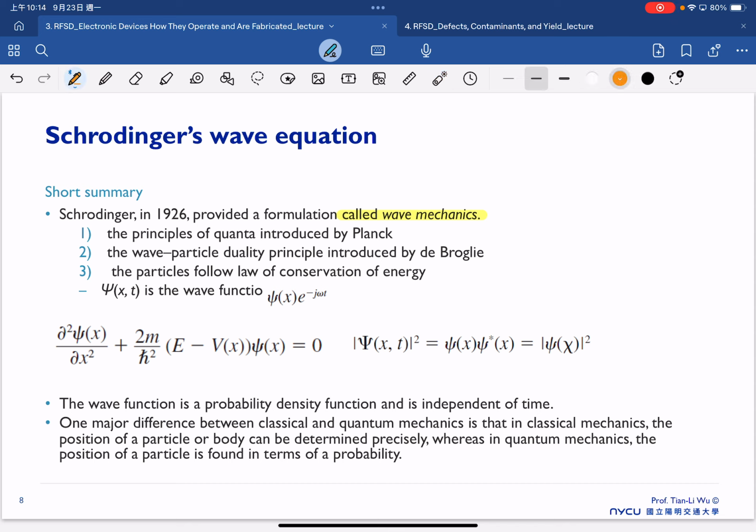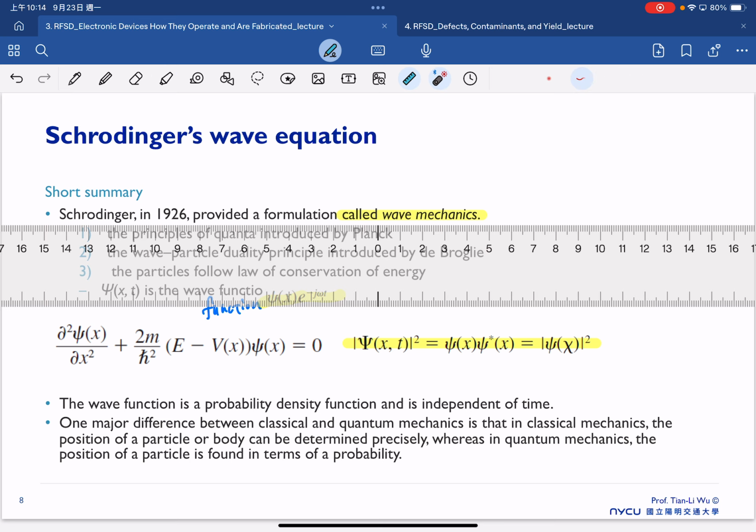to describe our carrier here. And if we put the wave function inside this Schrödinger's wave equation, in the end we have the conclusion shown here.